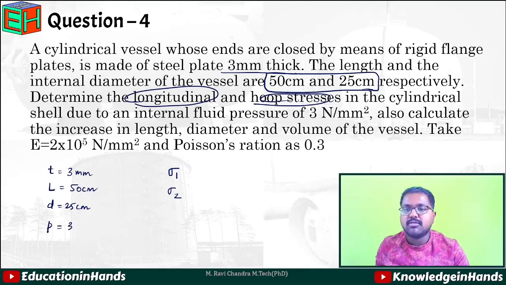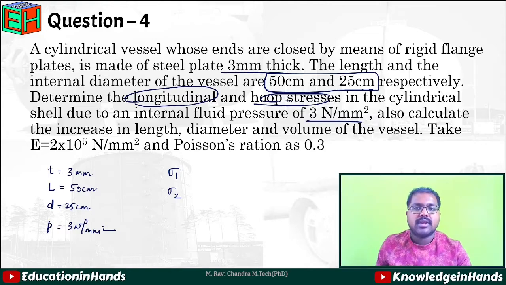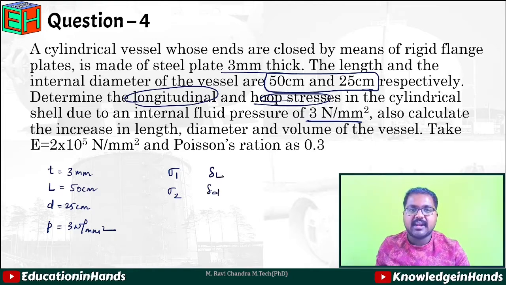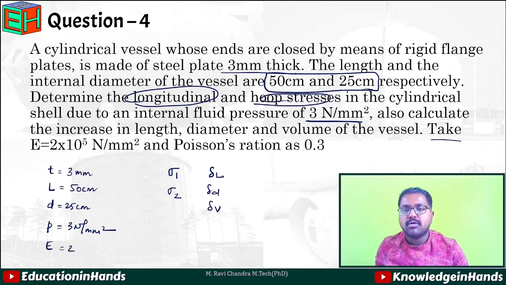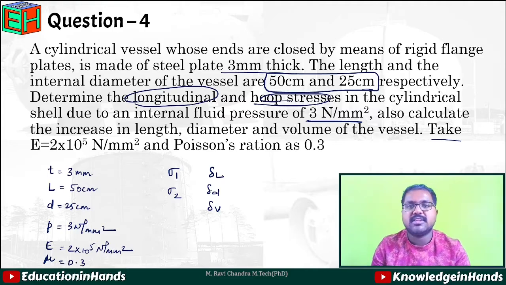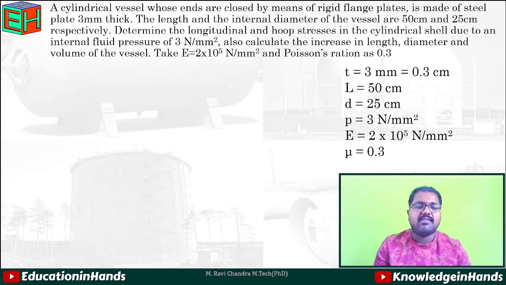So P is equal to 3 Newton per mm square, and also calculate the increase in length delta L, the increase in diameter delta D, and the volume change delta V. And one more thing is given: take E equal to 2 into 10 power 5 Newton per mm square and mu equal to 0.3. So if we write down this data, the given data will be like this.